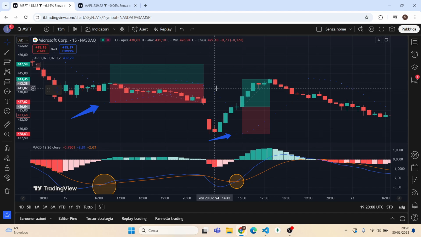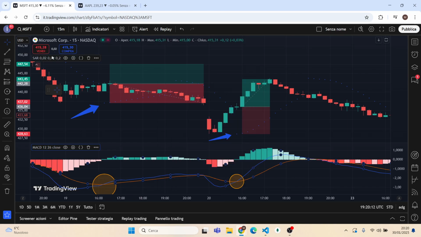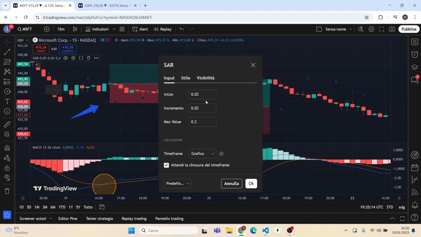So EMA 200 was not a good indicator for this strategy. So you will only need 2 indicators: MACD with the default settings, and Parabolic SAR also with the default settings: 0.02, 0.02 and 0.2.